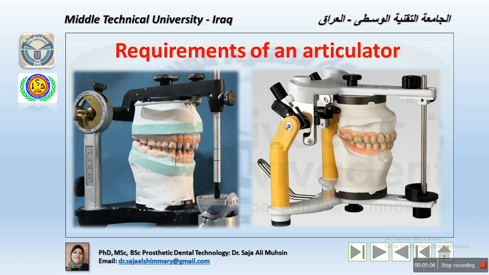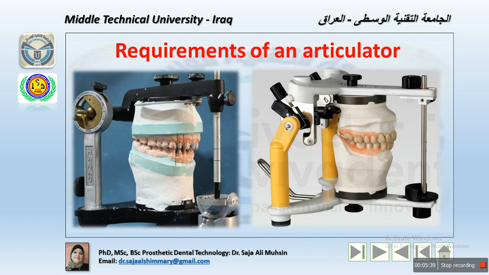Also it should hold the cast in the correct vertical relationship. What does that mean? If we recorded the relation of the upper maxillary to mandibular relationship in the patient's mouth, the articulator should mimic this, the two members, upper and lower, in the articulator should hold the casts as in the patient's mouth with all the angles.